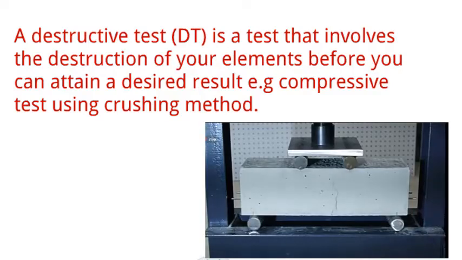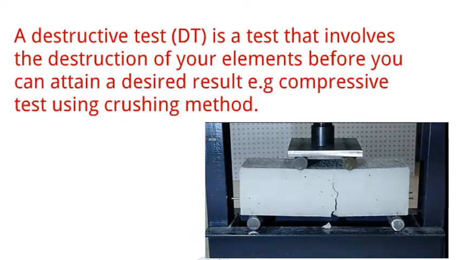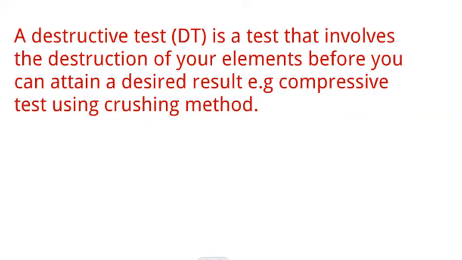An example is the compressive strength test of a concrete using crushing method. If you want to use a crushing method to determine your compressive strength of your concrete, you will need to take your concrete to the laboratory to crush a sample. So it is the sample that you have to crush, not the real material you need.